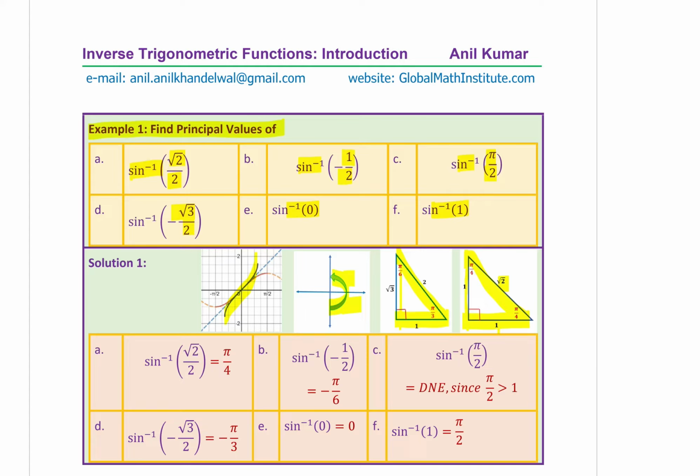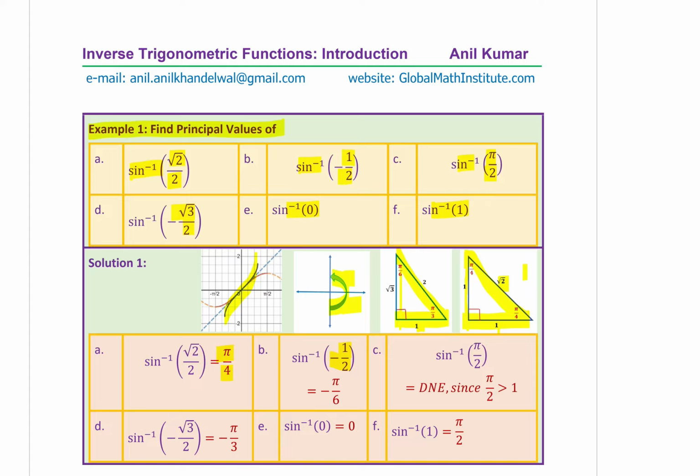Perfect. So to find the inverse, if square root 2 is involved, we know pi by 4 should be our solution. Correct. So we can actually correlate and get the value. Sine being positive in quadrant 1, it is going to be the positive pi by 4. For a negative value, which is half in this case, we know the special triangle related to pi by 6 will be the answer.